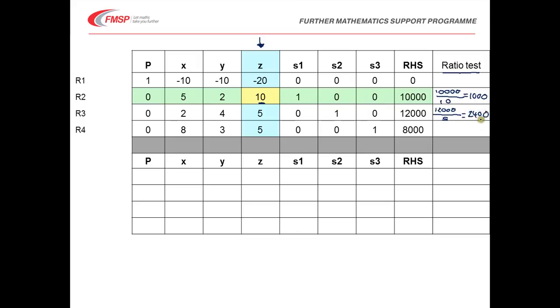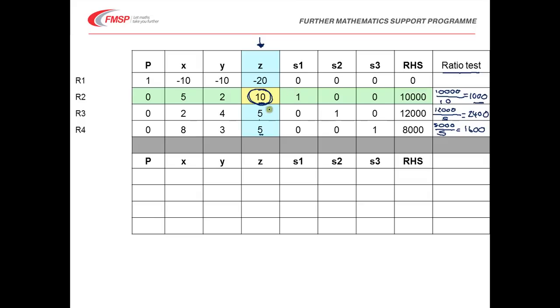And finally 8,000 divided by 5 again, which gives us 1,600. And the smallest of those is our 1,000 here, so our pivot element is going to be the 10 there.